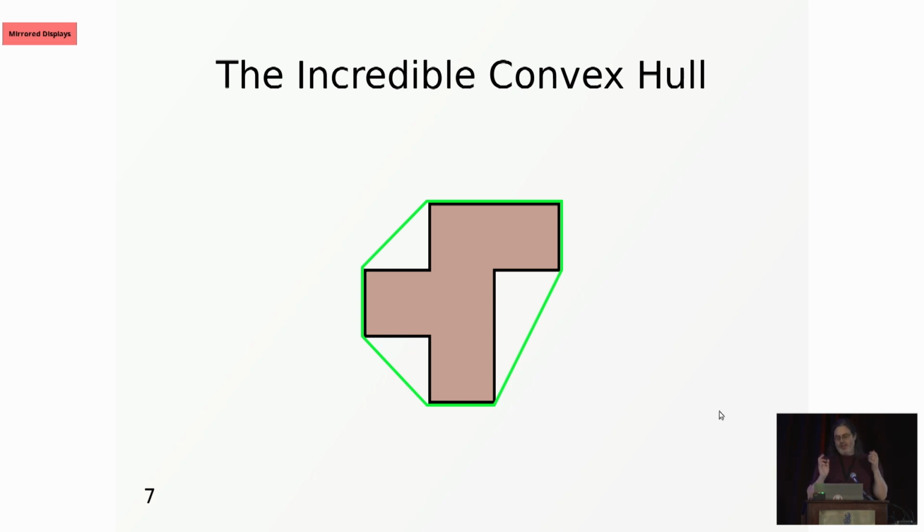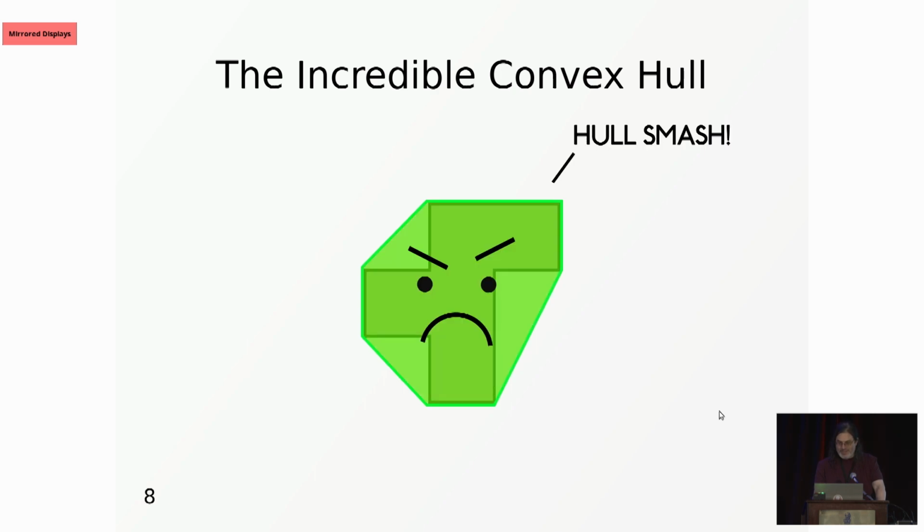And if it gives you a shape that's different, you can measure that difference between that transformed shape and your original shape. And what we have for this is called the convex hull. You make a rubber band around your shape, and that is a convex shape that's formed from it. And we can make a couple of different convexity measures using this. Oh dear, so our convex hull is a little bit angry.